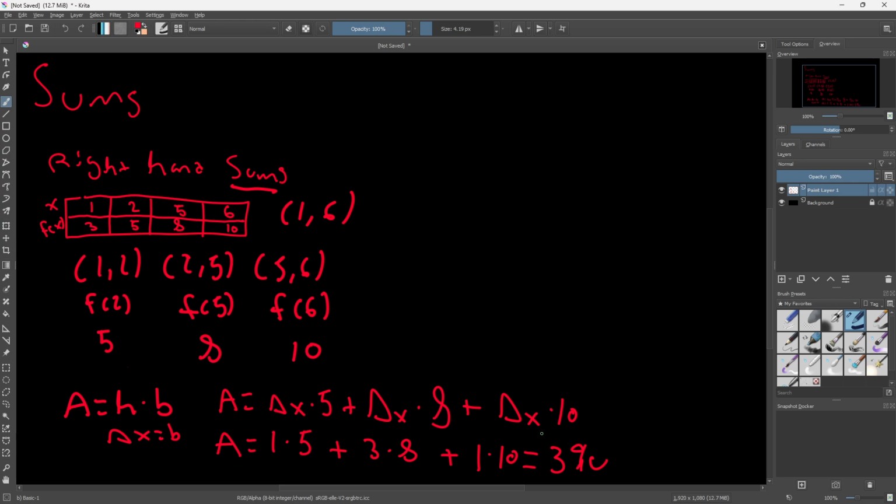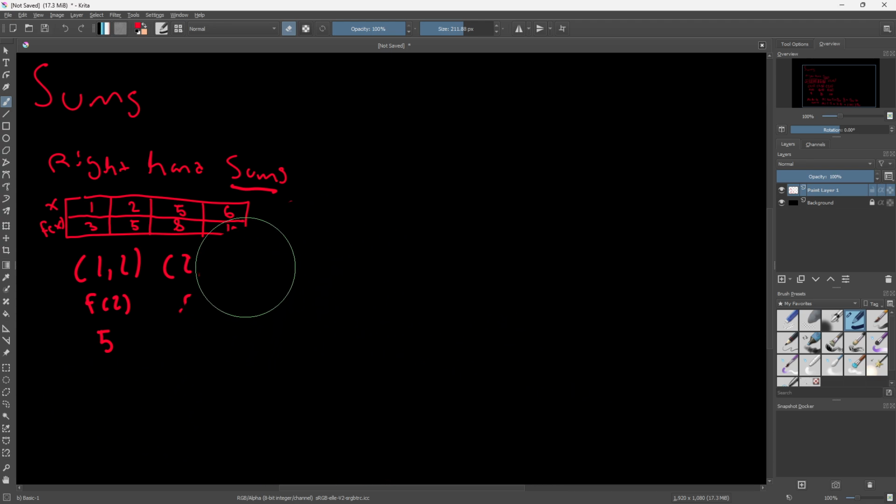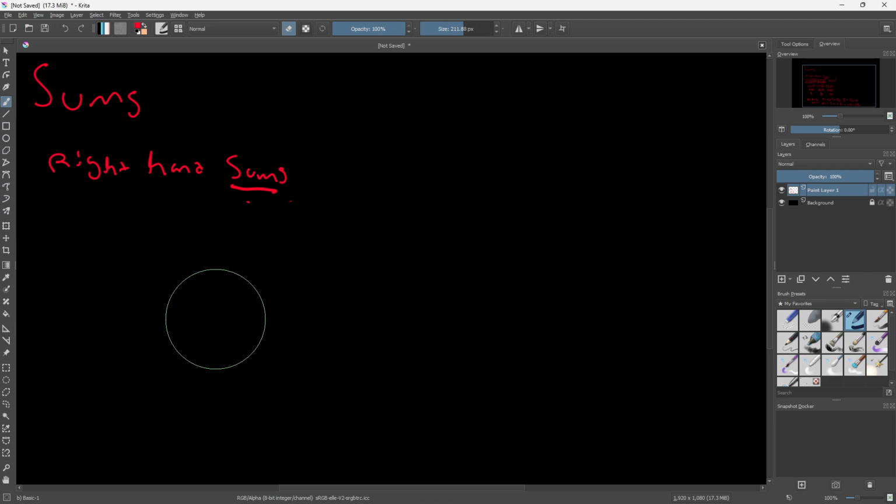Now that we have that, we can erase all of that. So we're going to analyze a graph, all right? If we have a graph here, and the graph looks like this.